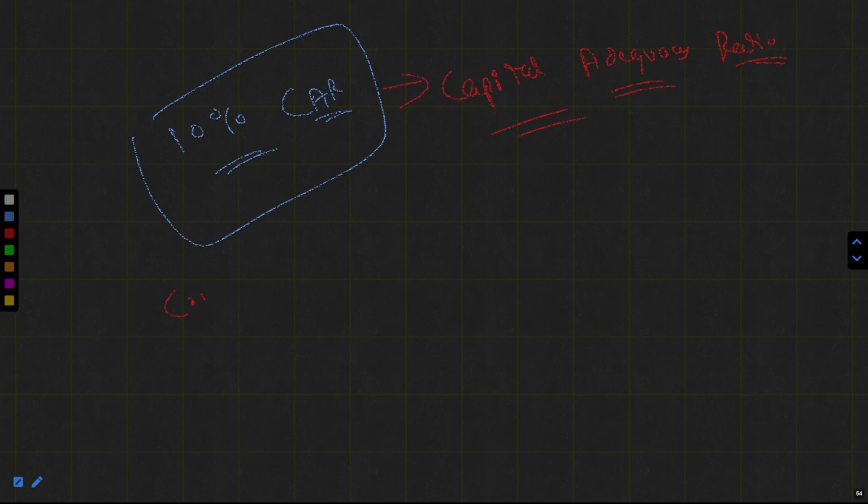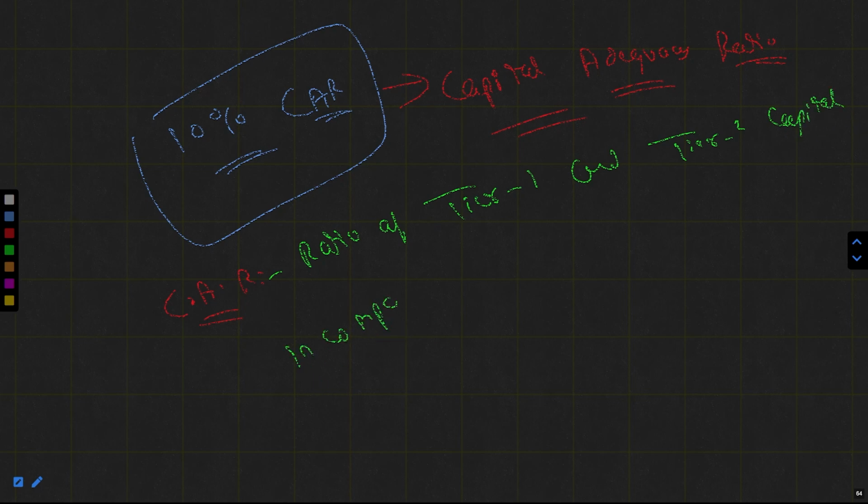If we look at the definition of CAR, it is the ratio of tier 1 and tier 2 capital in comparison to the weighted risk of the bank.